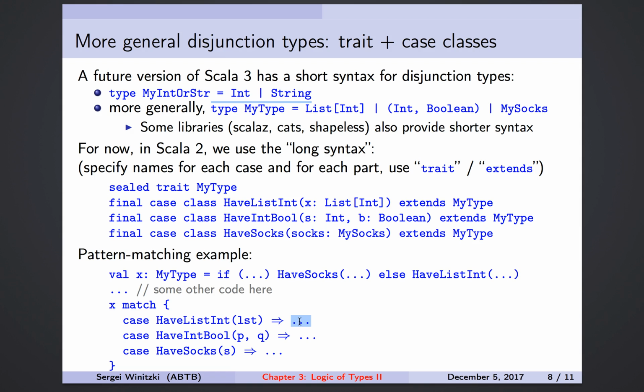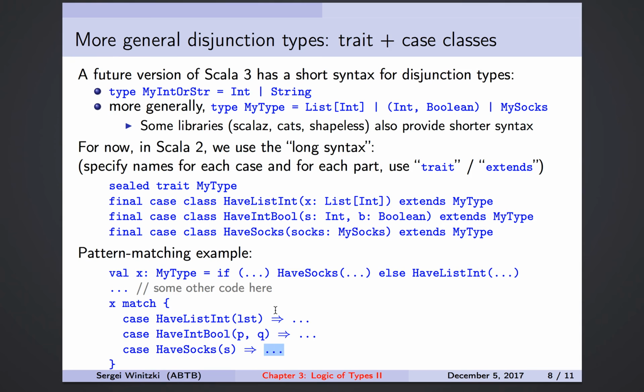And this expression, for example, is allowed to use this LST, but not this and not that, because the scope is limited. So the scope of definition of this LST is only this expression. The scope of definition of P and Q is only this expression. If you try to use P and Q here, the compiler would say cannot find symbol or something like that.